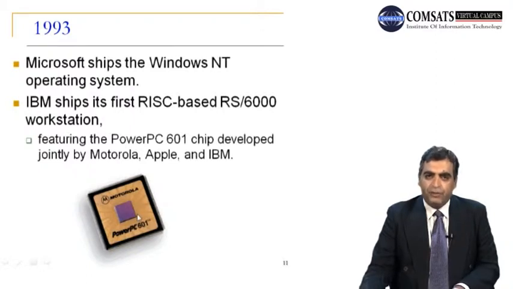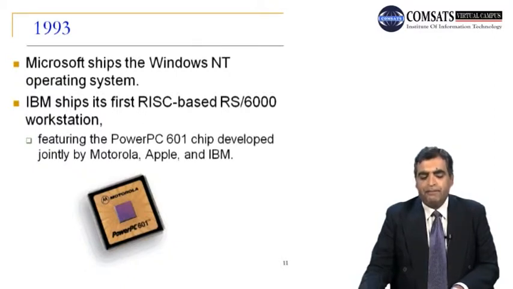In 1993, Microsoft ships the Windows NT operating system for networks. Previously, in the network market, most servers were using Unix or the Sun Solaris operating system. In the same year, IBM ships its first RISC-based RS-6000 workstations.